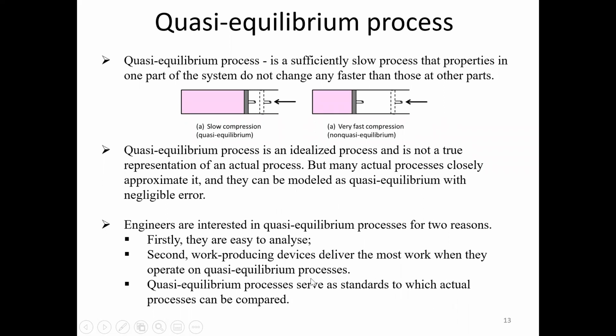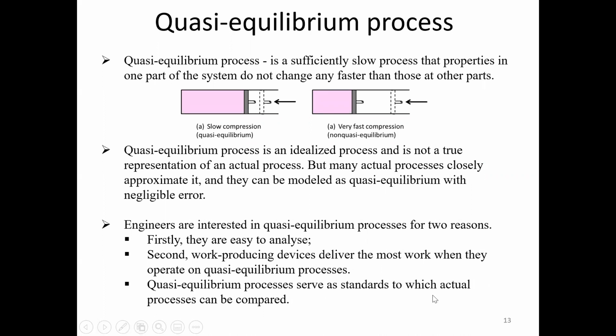Firstly, they are easy to analyze, as we said. And second, work producing devices deliver the most work. It's ideal. So because it's ideal, we can get the most of it. So the output will be more than the actual or real life process.